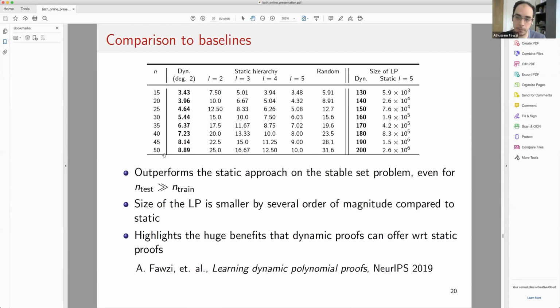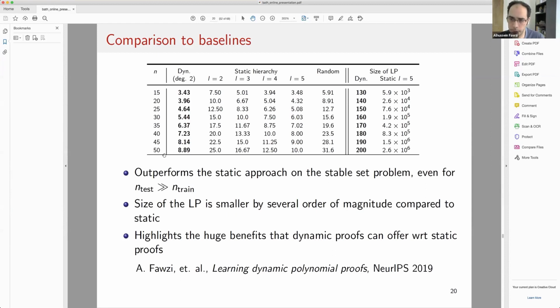The static hierarchy is actually not bad, in the sense that if we go to high enough levels of the hierarchy, we'll be able to get the optimal solution provably. But when we go to the 5th level of the hierarchy, for example, it's not enough to get the optimal cardinality of the largest stable set.